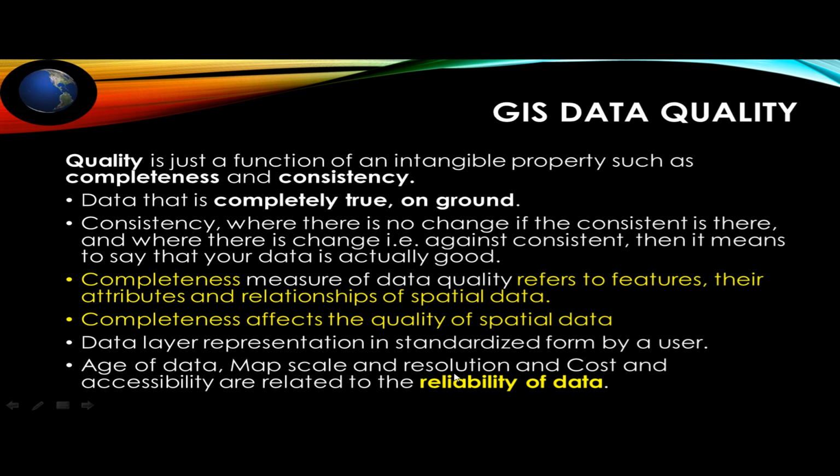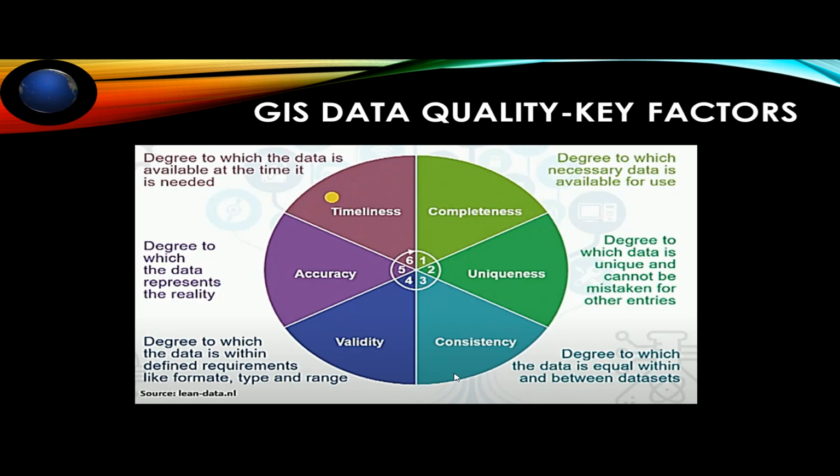Reliability of data is the age, map, resolution, how reliable it is as per the data we have taken or collected in our GIS software, and how good or true it is in representing these things over the ground with the same time frame, with the same scale or spatial frame. So GIS data quality has six key factors: the timeliness, the completeness, the uniqueness, consistency, validity, accuracy.